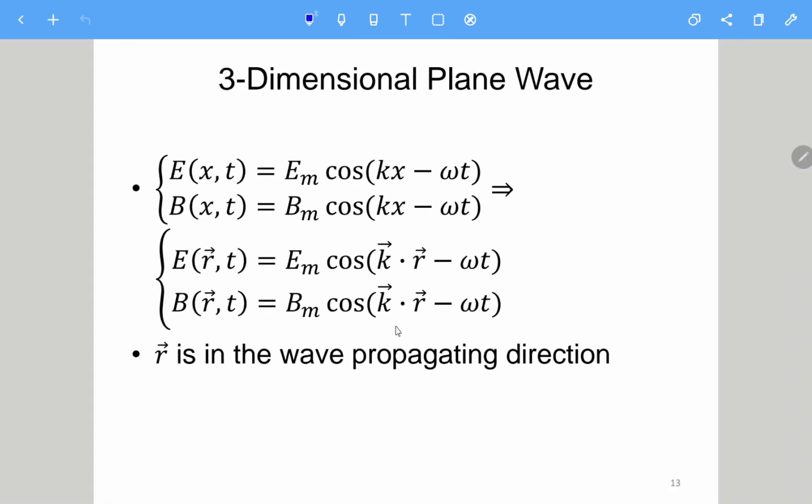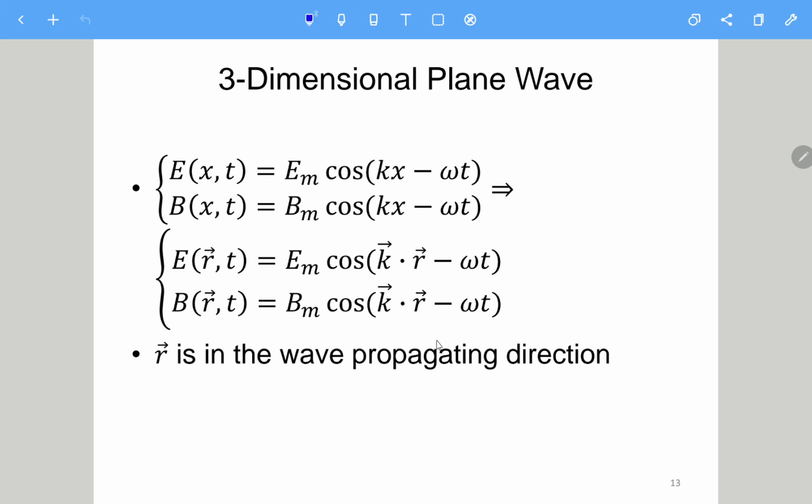Okay, so this is the solution for the wave equation in one dimension. If we further generalize it to three dimensions, the solution will be in terms of k dot r. The wave number will be a 3-vector, and the position vector will also be a 3-vector, so they dot together to become a scalar.